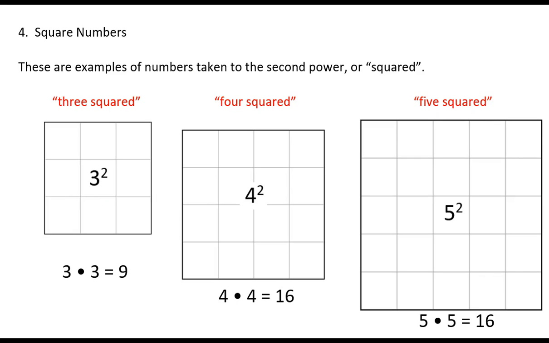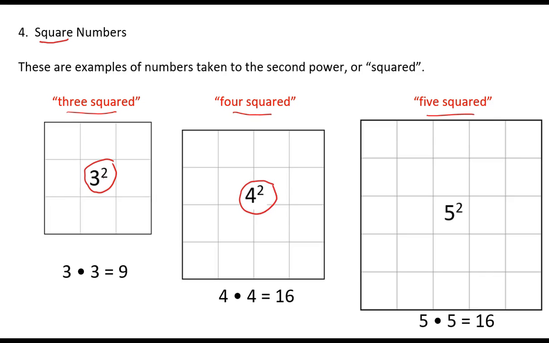In this section, we're reviewing the term square numbers. I have some diagrams here of the number that we would call 3 squared, 4 squared, and 5 squared. When we have a number that has a 2 for the exponent, we can read that number as 3 to the 2nd power, or we could say 3 squared. Same thing with 4 squared.